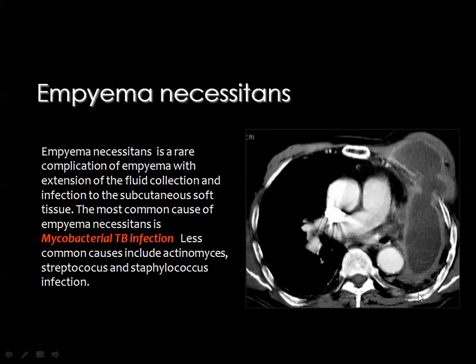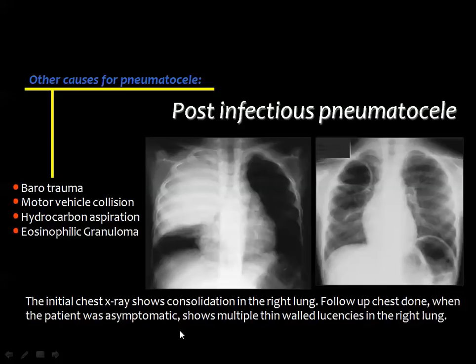And if the empyema has penetrated through the chest wall and extended into the subcutaneous tissues and may rupture on the skin surface, this is known as empyema necessitans, and this is commonly seen in TB and also commonly seen in adults rather than in pediatric patients.